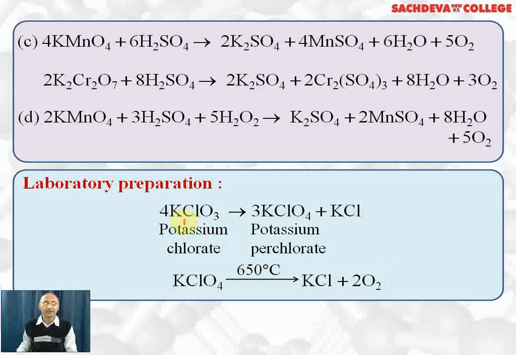So first potassium chlorate changes to potassium perchlorate and potassium chloride, and then on further heating gives potassium chloride and oxygen gas. So this reaction can be used in the laboratory for preparation of oxygen. Earlier we had prepared it from potassium chlorate, which we had written in one step. Here we have written the same reaction in two steps.